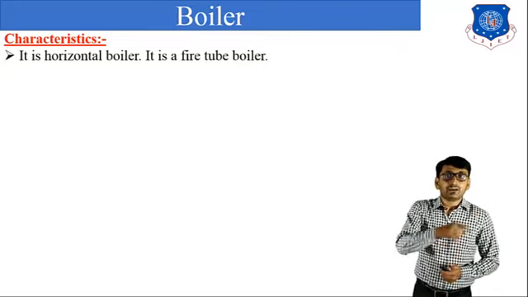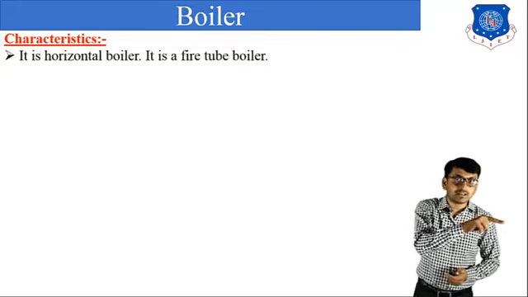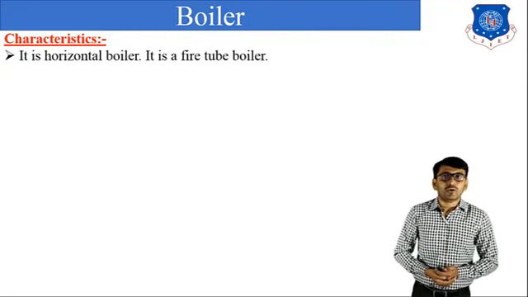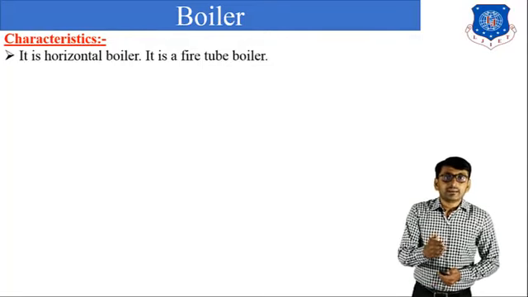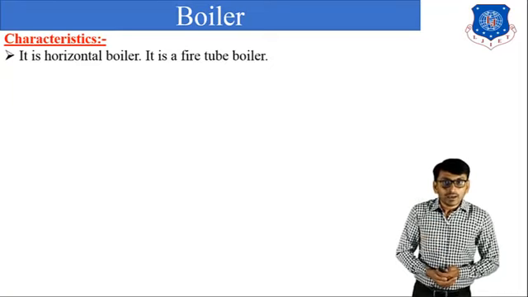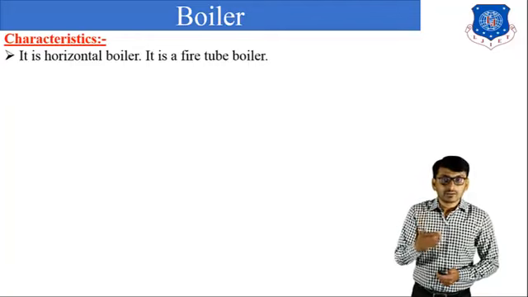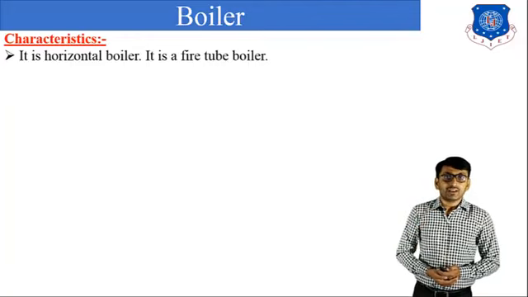Horizontal means if the axis of the boiler is horizontal, then it is called a horizontal boiler. Then it is a fire tube boiler. It means high temperature gas passes in the tube and water is present outside the tube in the boiler shell. So it is a fire tube boiler.